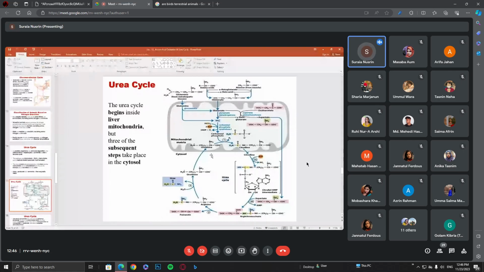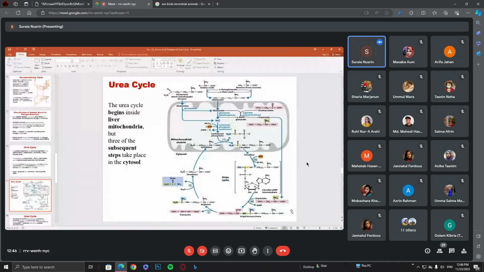And another new reaction is where oxaloacetate undergoes transamination and forms aspartate. That aspartate enters the urea cycle and delivers the second amino group. So if we look at it that way, it is not complicated.